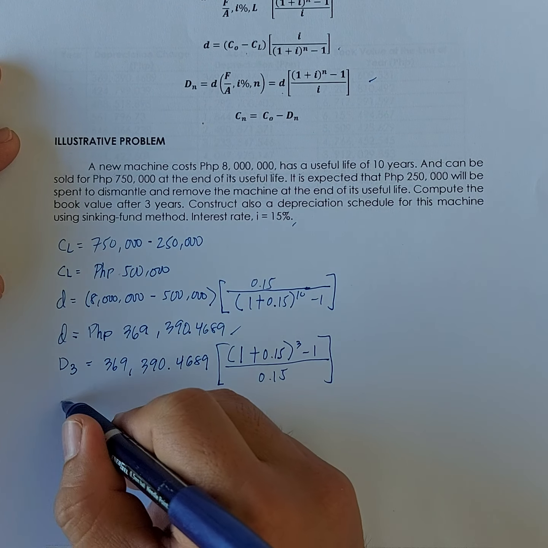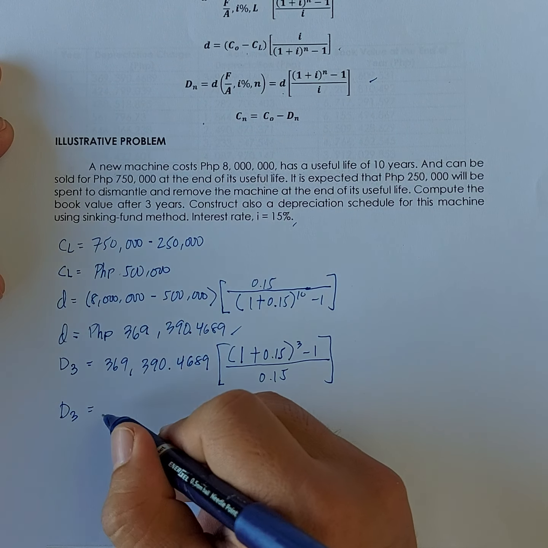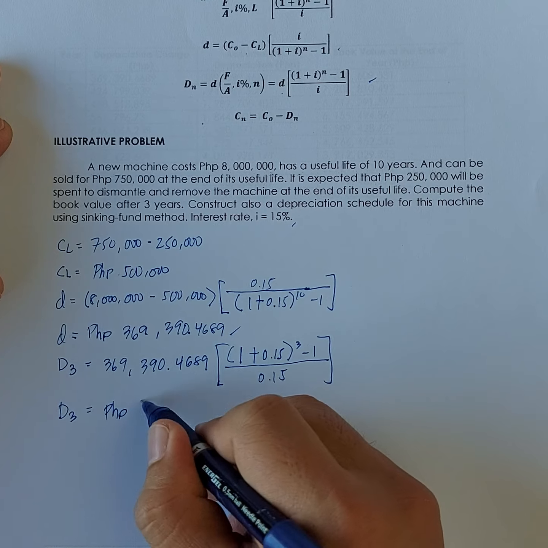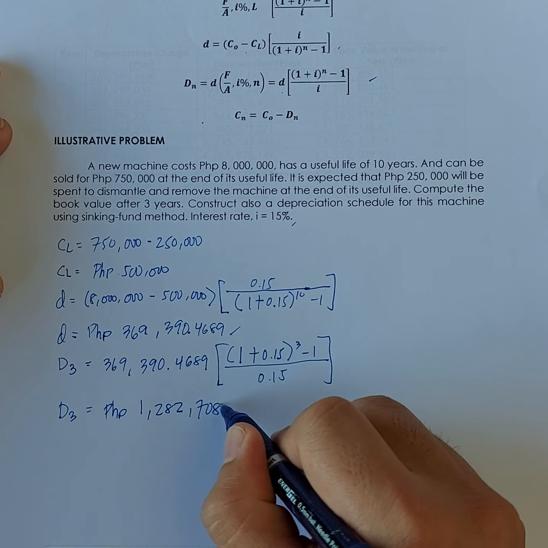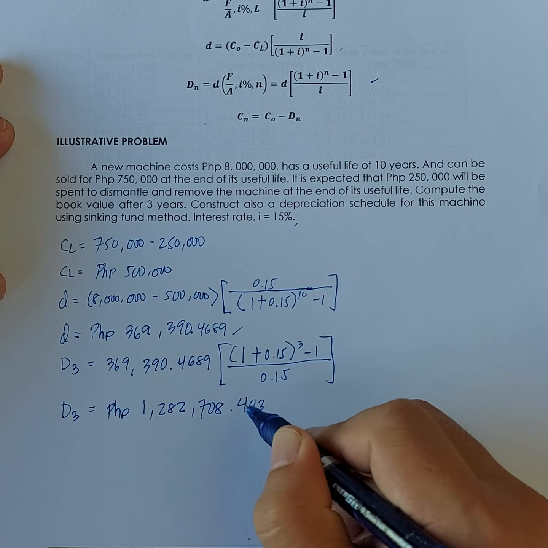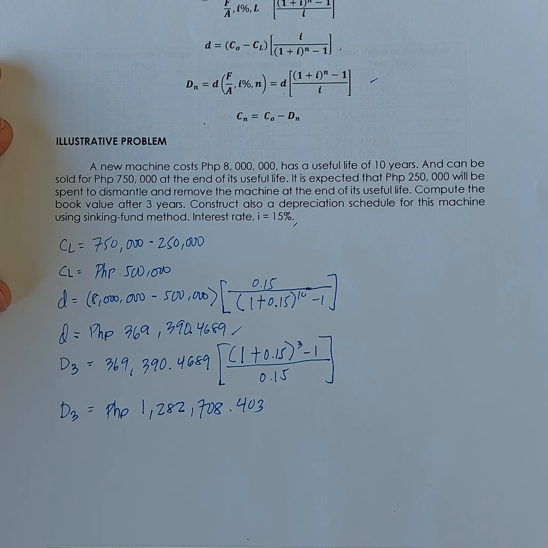Okay, so D3 is equal to 1,282,708.403. That's the accumulated depreciation after 3 years.